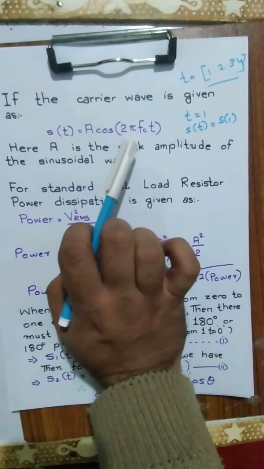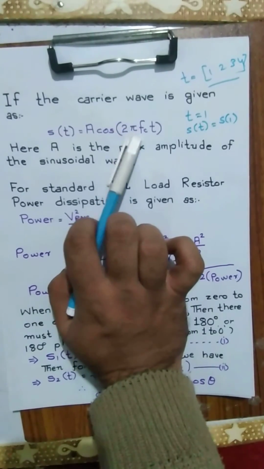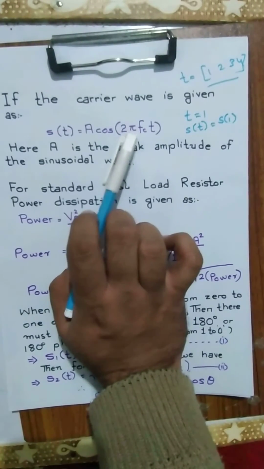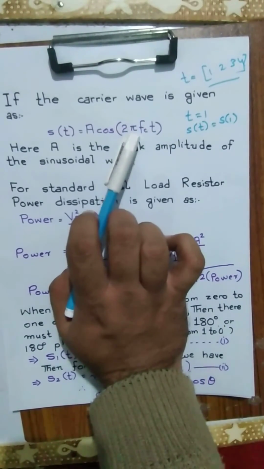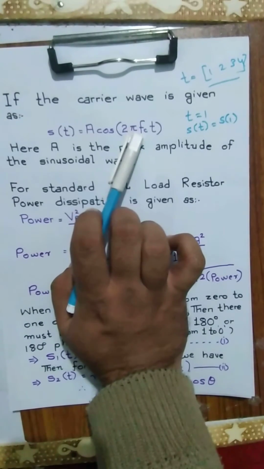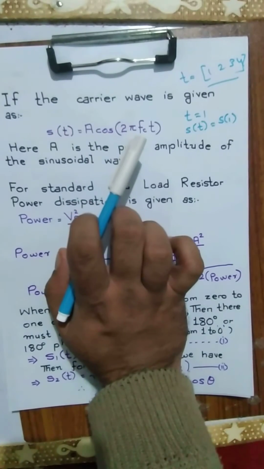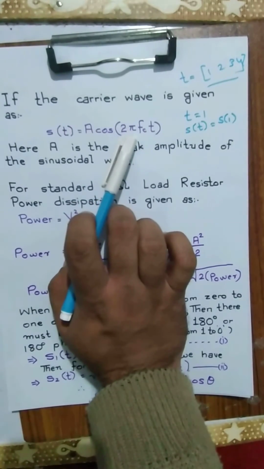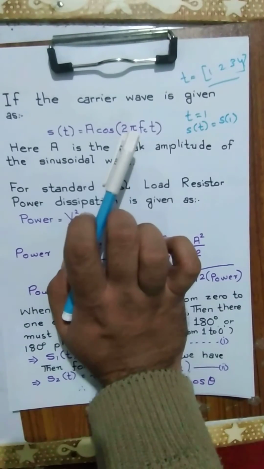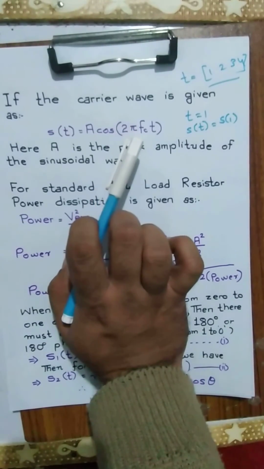So theta is equal to 2 pi fc t. Why is there 2 pi? Pi is actually 180, or a half signal. 2 pi is a full signal, meaning 0 to 360.